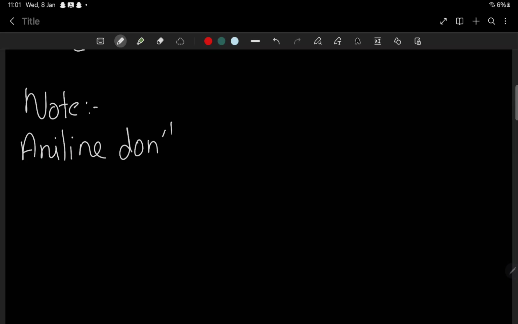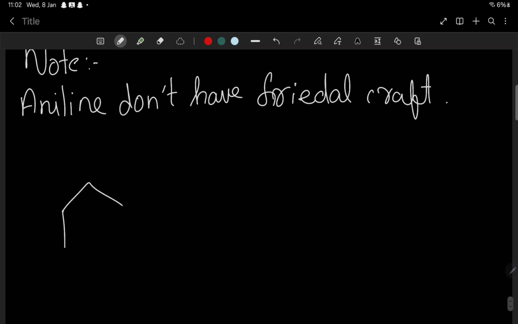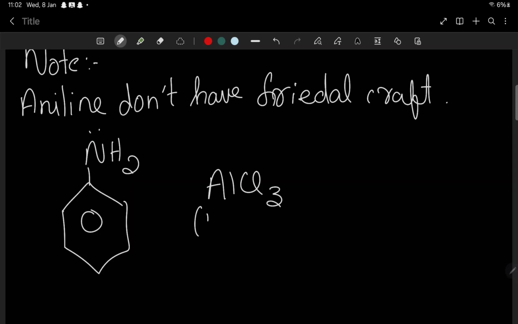Now understand a note. Aniline doesn't give the Friedel-Crafts reaction. Why? You know that carboxylic acid doesn't give Friedel-Crafts reaction, we told the reason. But aniline also doesn't give it. Because aniline is a base, and AlCl3, the catalyst used, is a Lewis acid.